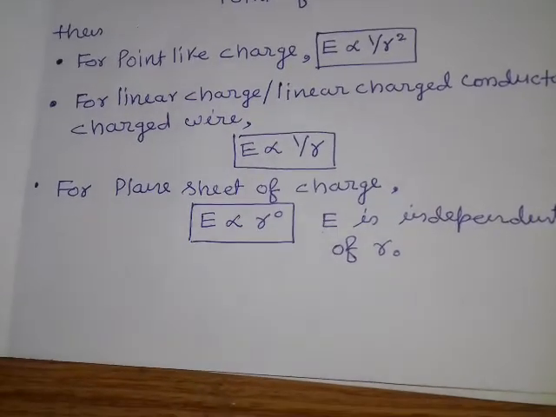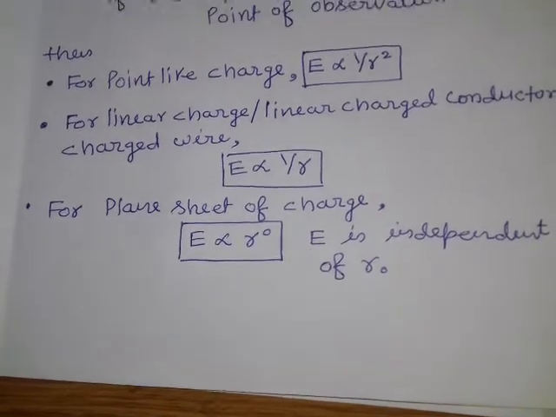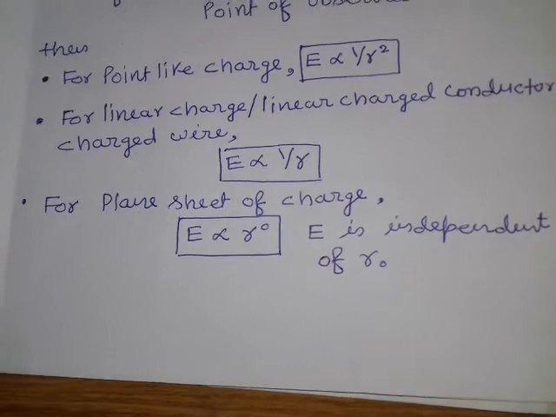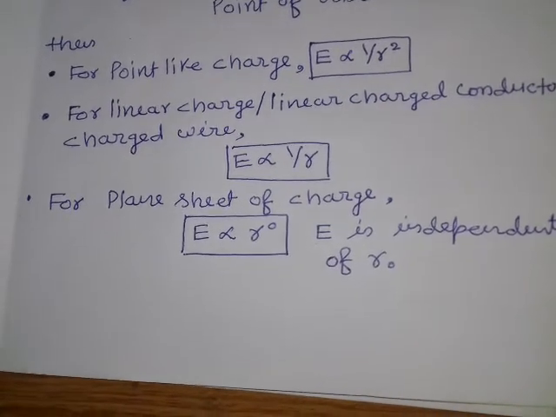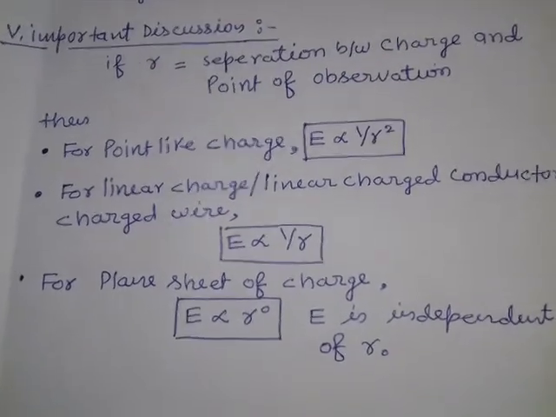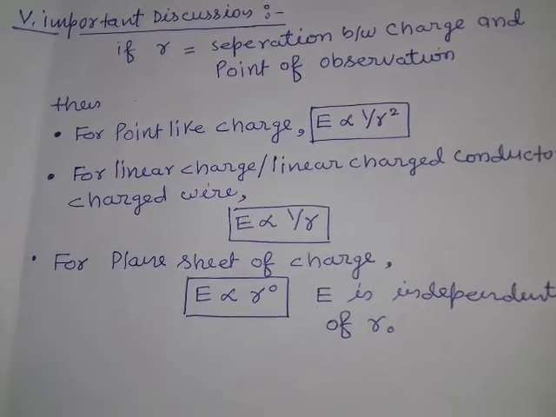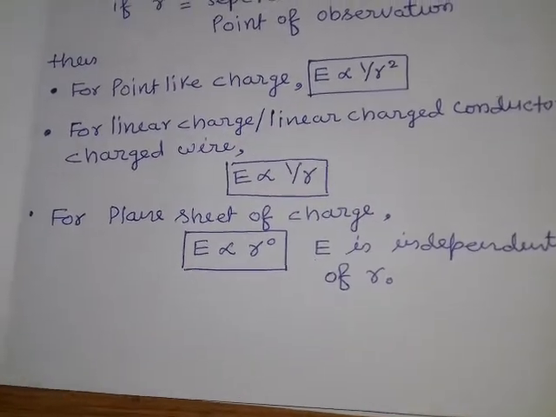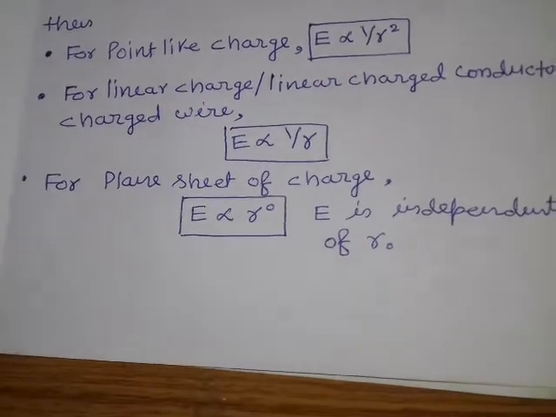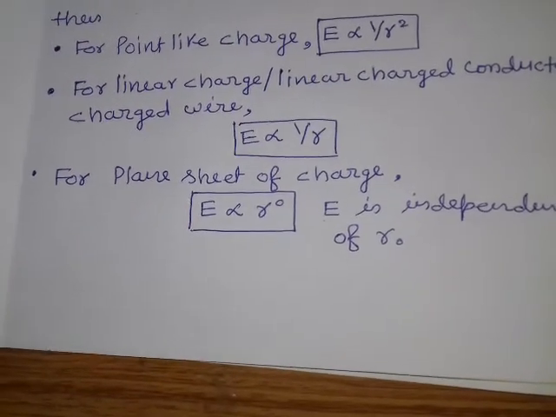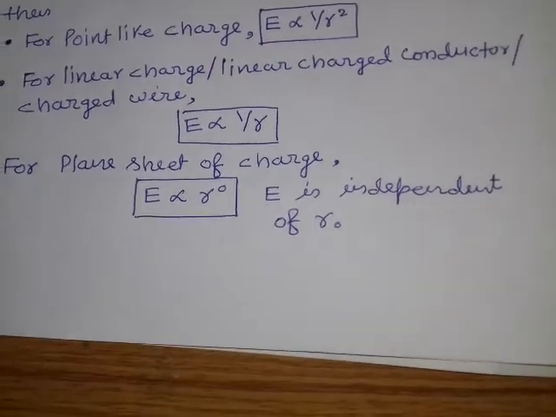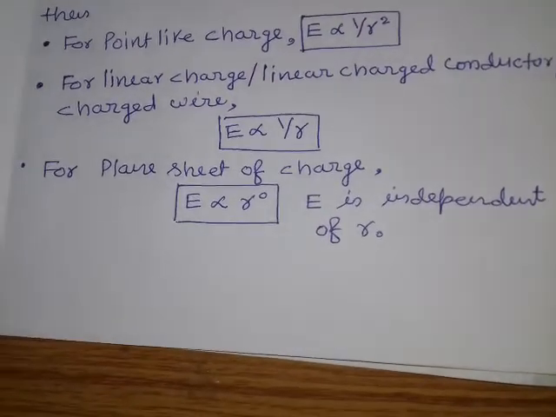In that case, electric field is inversely proportional to the separation r. Here E is proportional to 1/r. For point-like charges, E is proportional to 1/r². For linear charge conductor, E is proportional to 1/r. Whereas for plane sheet of charge, E is proportional to r⁰. It means E is independent of r.